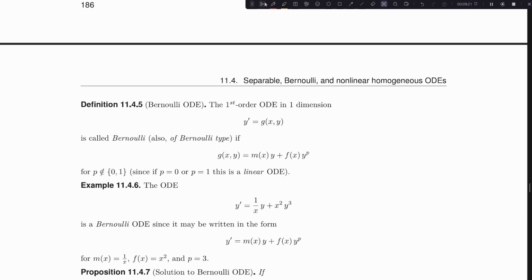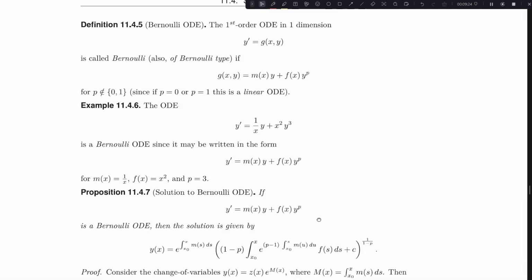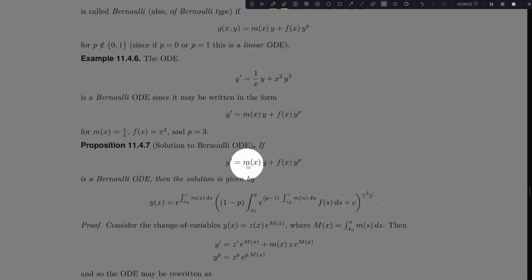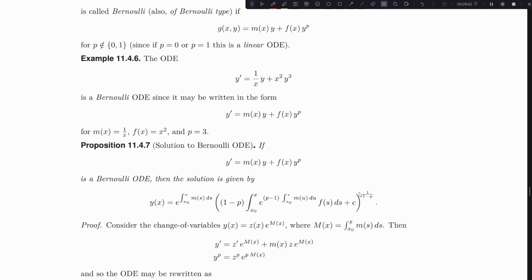The next proposition talks about the solution to these types of ODEs. And they look a little bit ugly, right? So we're just going to start by stating the ODE that we're going to try to solve, and then here's our solution. But you should start to recognize that this solution actually looks a lot like the first order linear ODE, non-homogeneous.